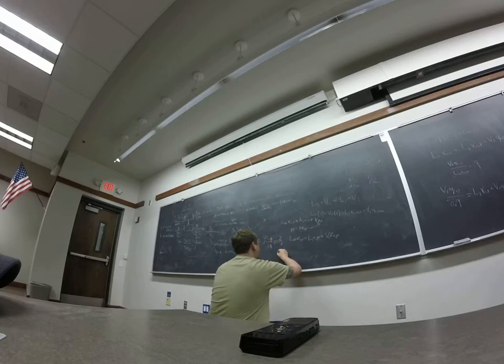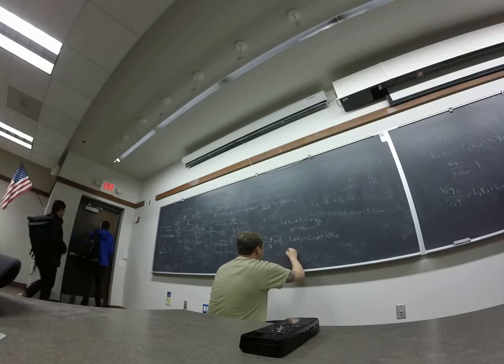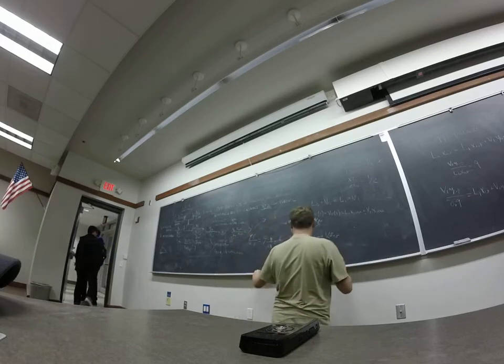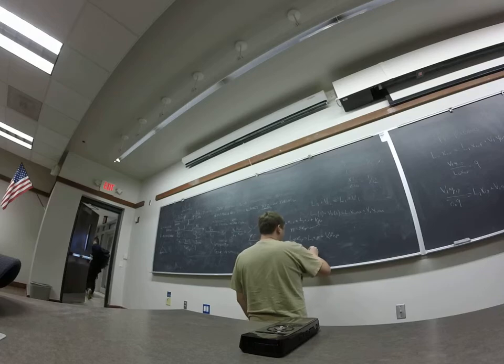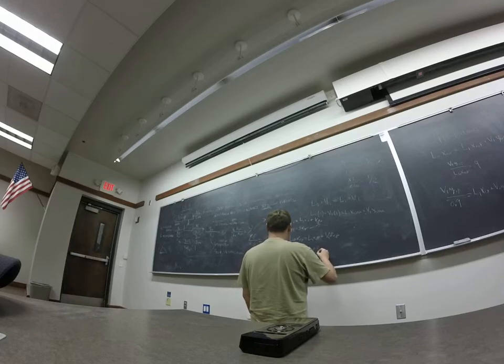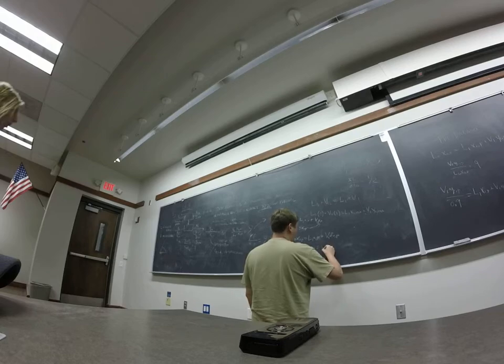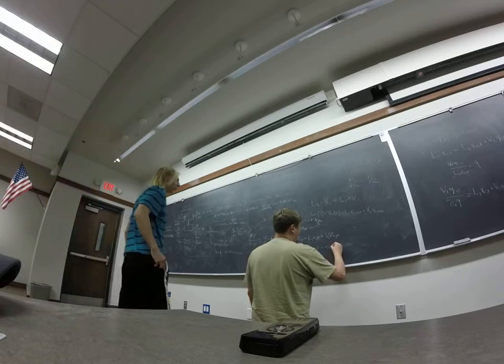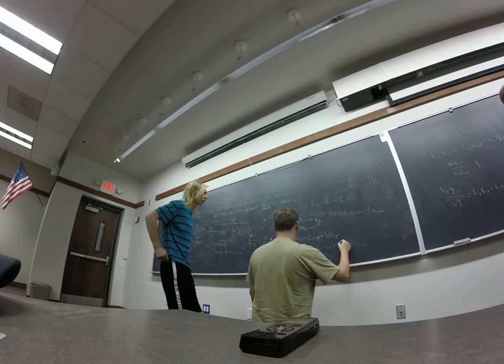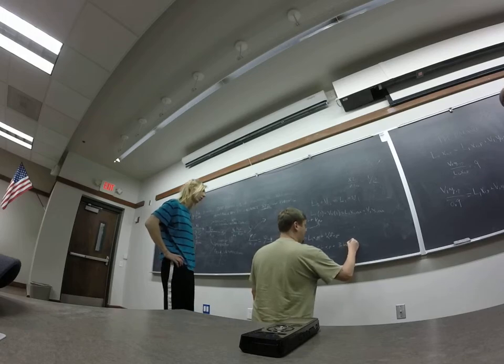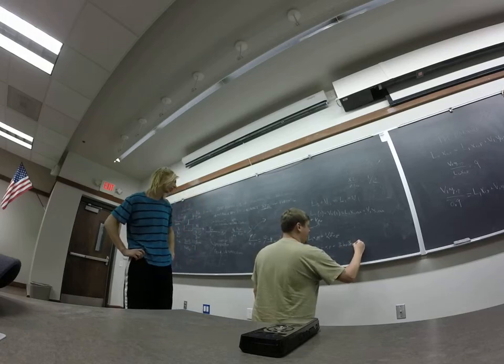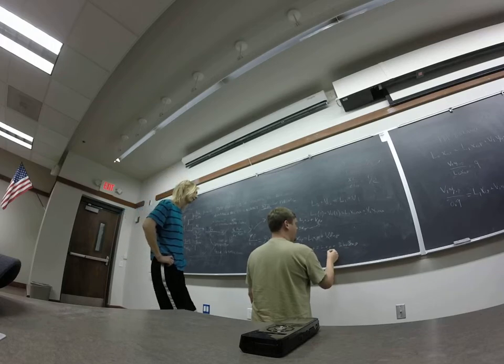So then L naught X naught equals L1 X1 plus 9 L1 X1, so 10 L1 X1P. That is L1 X1P plus 3 L1 times 3 X1P. So now you have these two unknowns.